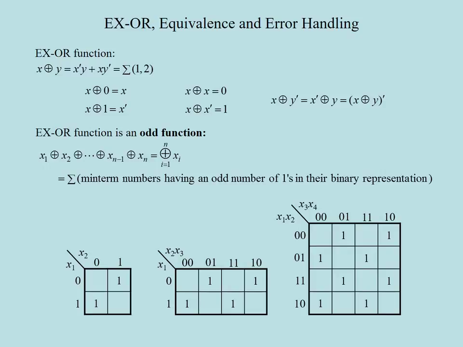Therefore, if any cell contains a minterm of the XOR function, that is, if the minterm number has an odd number of ones, in all its neighbors the number of ones in the minterm numbers will be even. Therefore, in the Carnot maps of such multi-input XOR functions, minterms do not have any adjacent minterms by which they can be simplified to terms of fewer literals. XOR functions cannot be simplified beyond sum of minterms from a Carnot map.